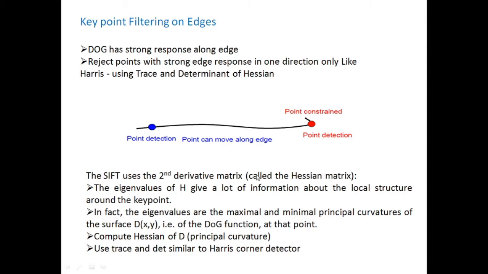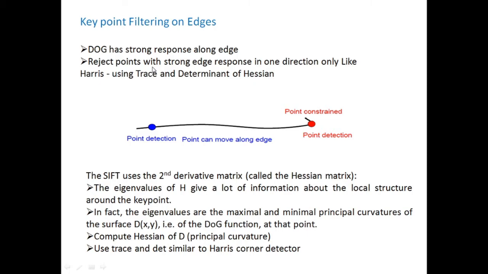So we compute the principal curvature from the eigenvalues, by taking the Hessian matrix into consideration. How it can be filtered out, we will see.